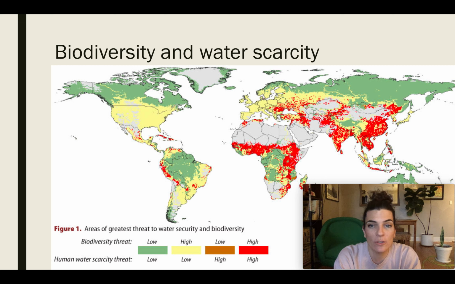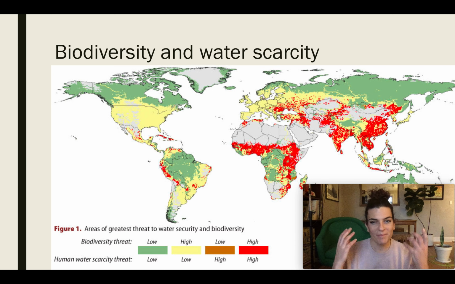And you can see that includes California, that includes parts of the Horn of Africa, Eastern Asia, the Indonesian rainforest, parts of Central America. There is an enormous threat to biodiversity around the globe, which is going to be a difficult challenge for us in the next 100 years, right? And that's not even necessarily all because of climate change, although a good portion of that is due to the changing climate, as we'll talk about.